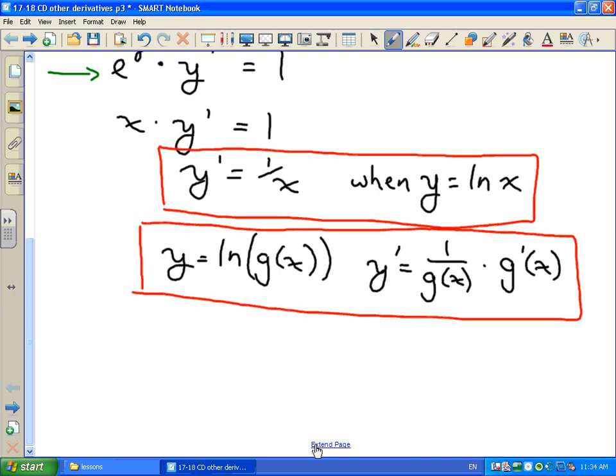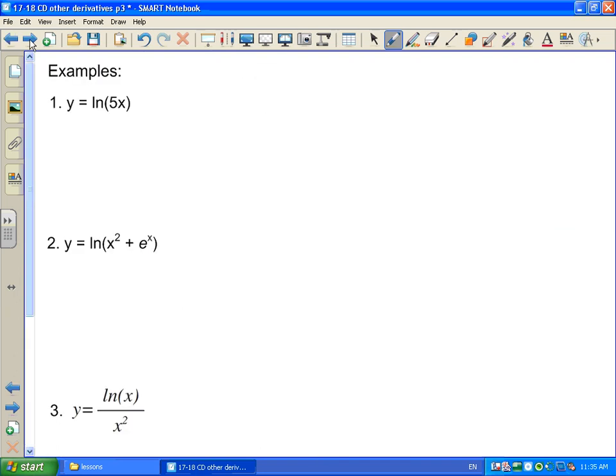So we'll try a couple of examples here. The first one here, y equals the ln of 5x. This is itself a composite function.